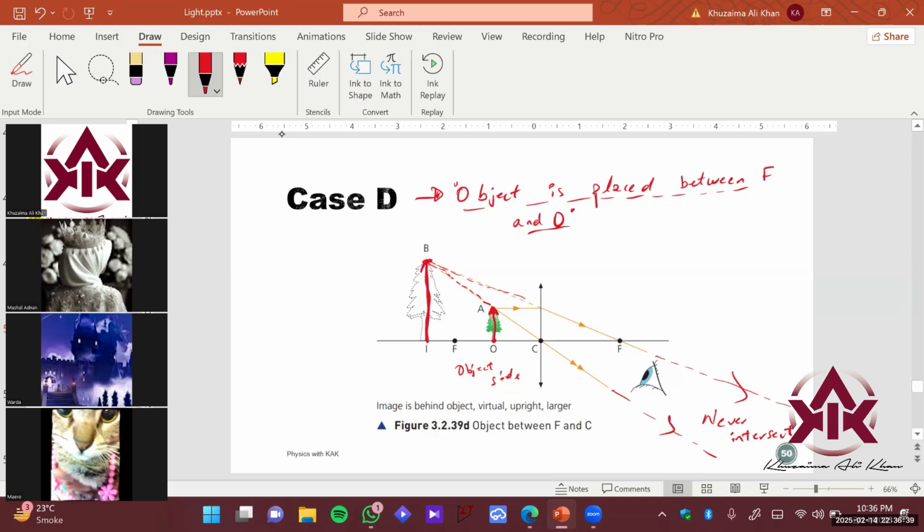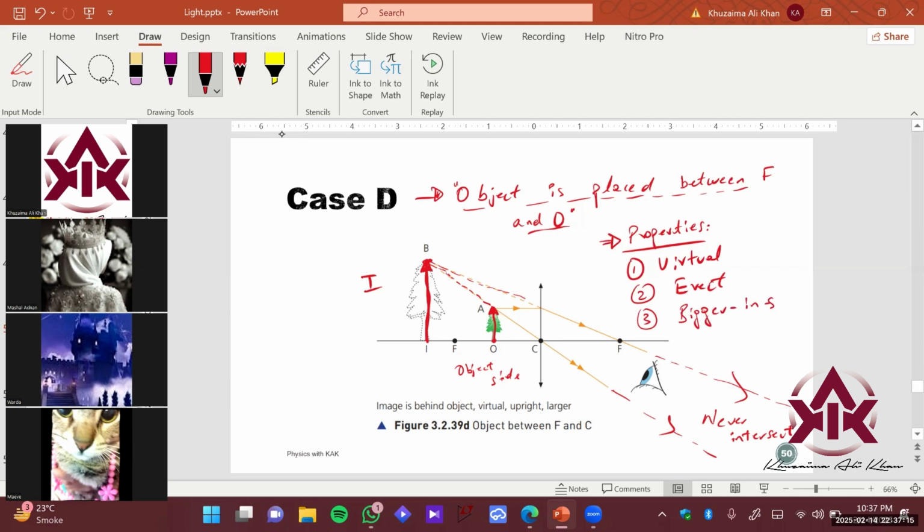There are obvious properties you can identify from this. If you are asked about the properties of such a case, you can list them as follows. This image is virtual because it cannot be formed on a screen; it is formed on the same side as the object. It is erect, meaning it is straight, just like the object. And this image is magnified, it is bigger in size.